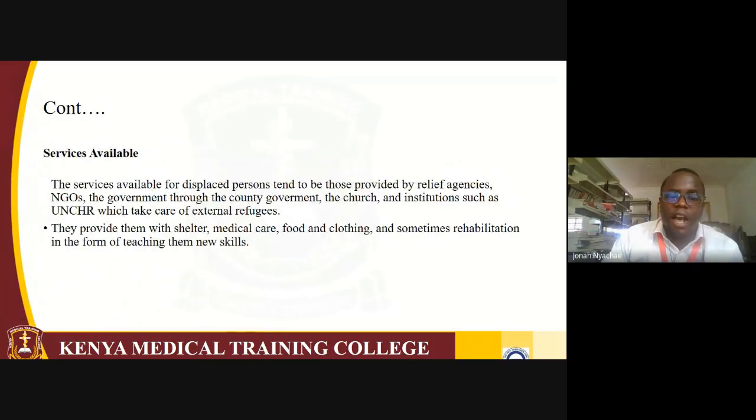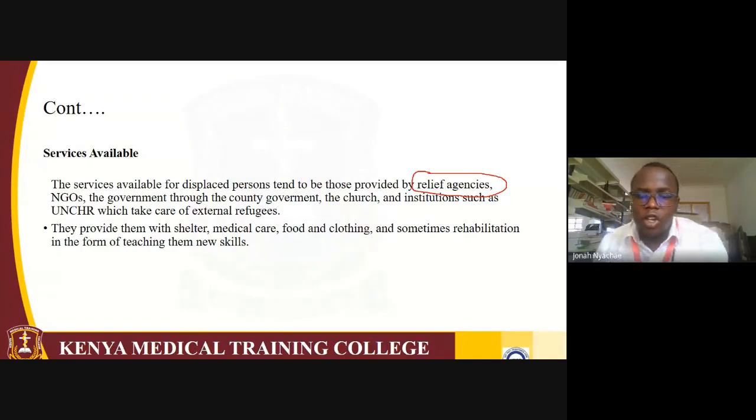So the services available for these people: we have relief agencies that usually come to assist those people who are displaced. They can bring blankets, they can bring foodstuff, they can bring soap, those things that a person generally requires for survival.